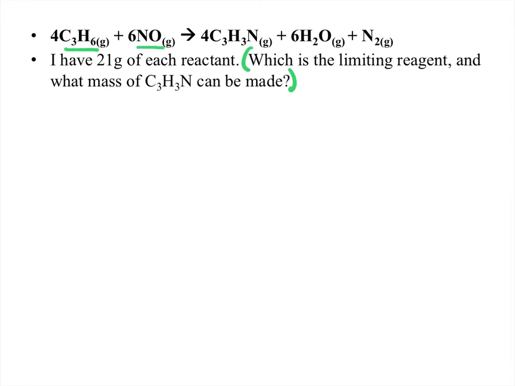And then what mass of C3H3N can I actually make? So for the first part of the question, which is the limiting reagent, the answer is the NO. That's the limiting reagent. The second part of the question, what mass of C3H3N can I make? That answer is approximately 24.7 grams. So hopefully you're able to match that up.